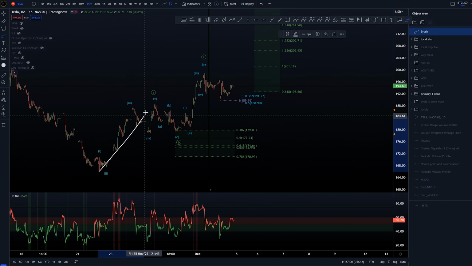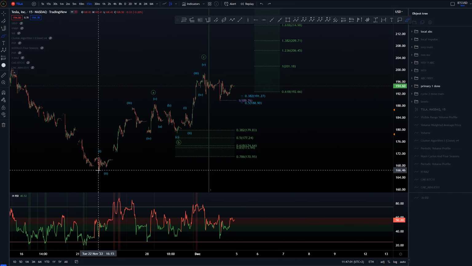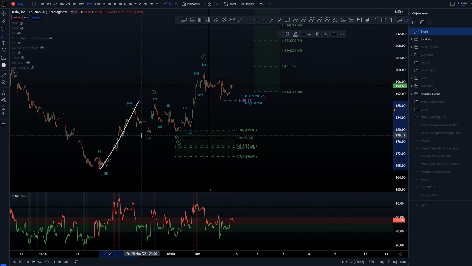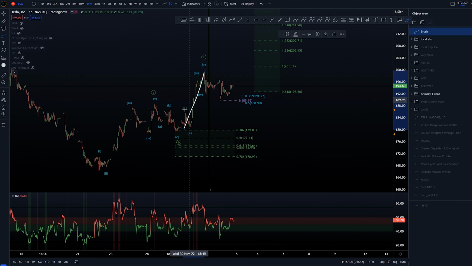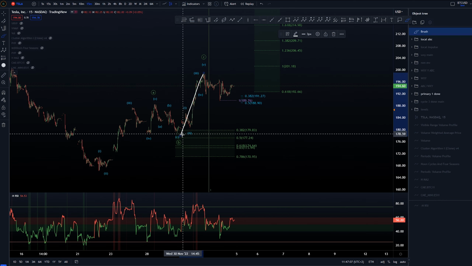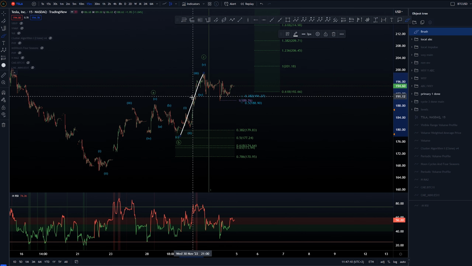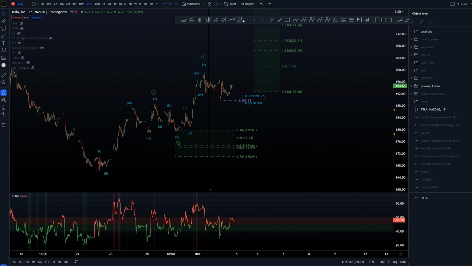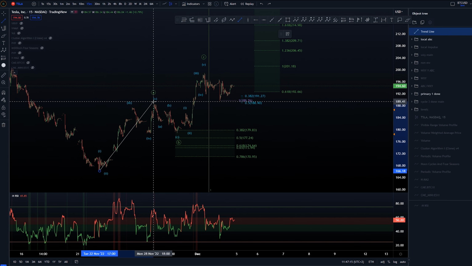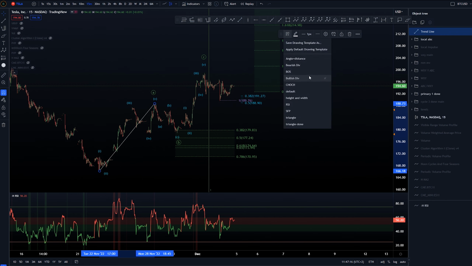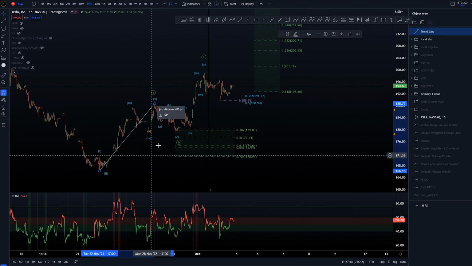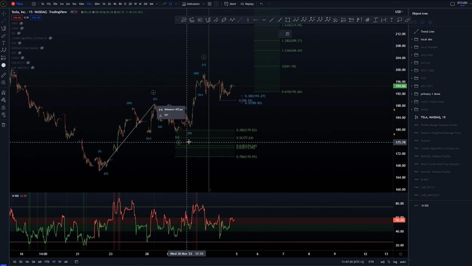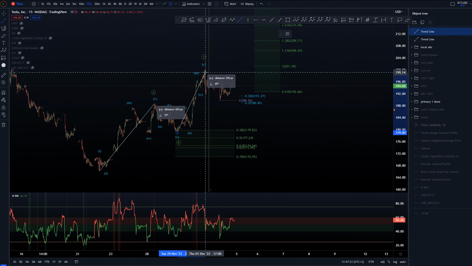Also, generally, when we are looking at an ABC, we see the wave A being more impulsive than the wave C. Here, the C wave looks somewhat more impulsive, or at least it seems so. Let's check out the angles here. So that's 51, and this would be 65.